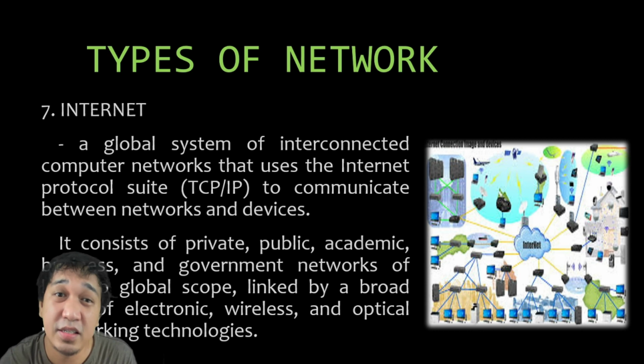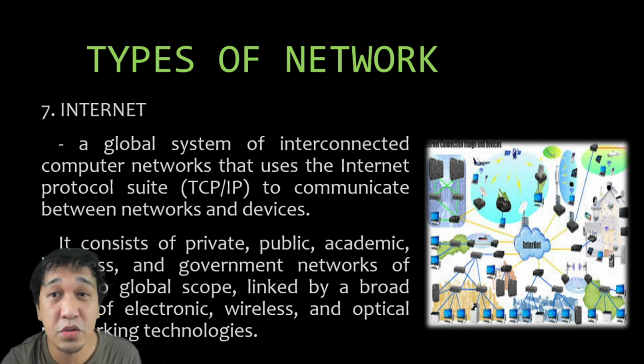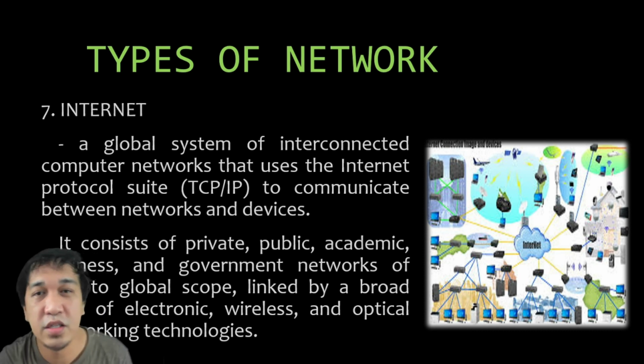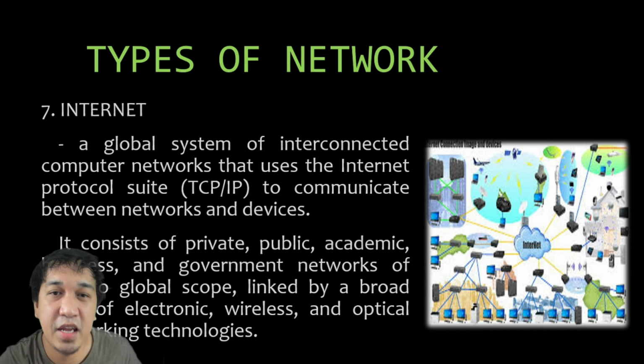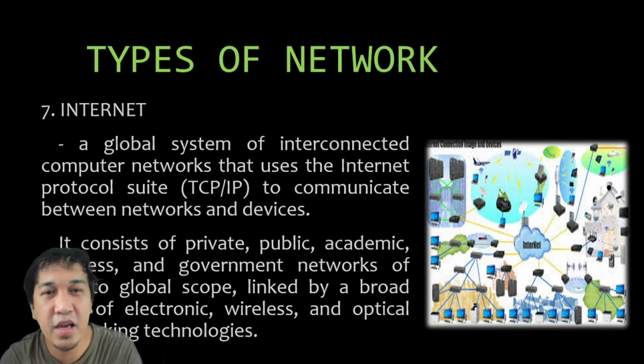It is a system of linked networks, referred to as a network of networks, because it allows computer networks around the world to interconnect. It facilitates data communication services such as remote login, file transfer, electronic mail, and the World Wide Web.